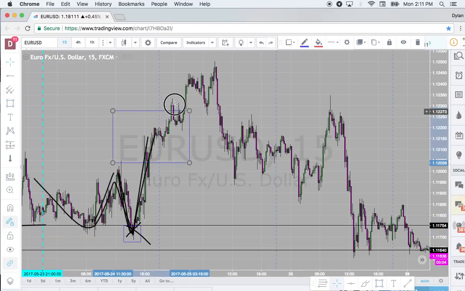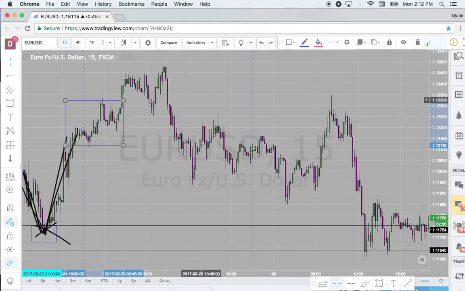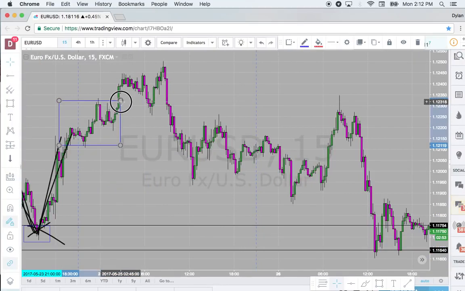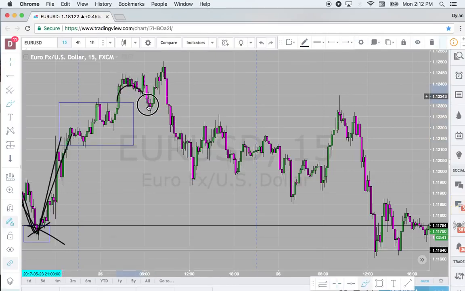Now, the next day didn't have such a defined consolidation area. It was somewhat defined here for a little bit, and then the breakout occurred. The breakout of the consolidation occurred, and then what we can see is that second leg stop hunt to the high created that M formation.